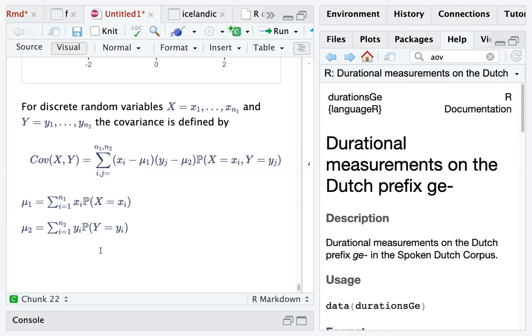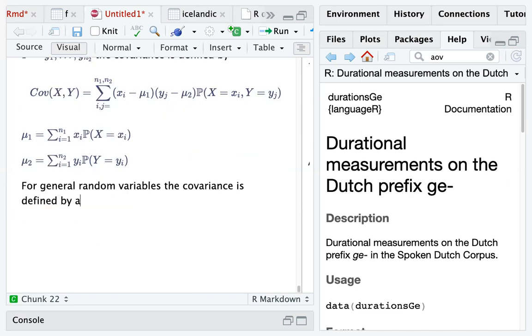For general random variables, the covariance is defined by approximation of the random variables via discrete random variables.